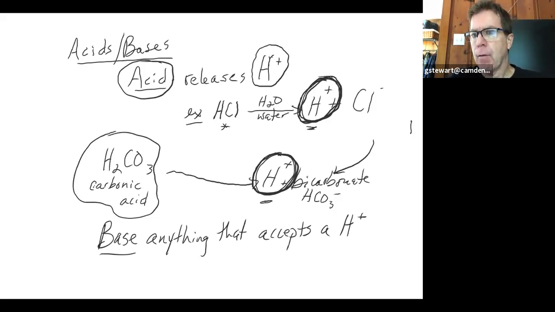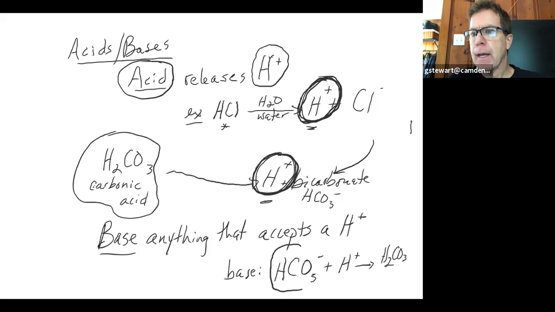This thing that I've drawn now several times, once by mistake and once correctly, HCO3 negative, is a base. The reason it's a base is because it will combine with hydrogen ions to form H2CO3. So we call this bicarbonate ion a base because it will bind to or accept the hydrogen ion.